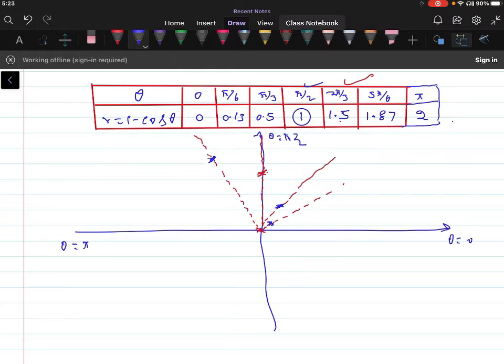When theta is equal to 5 pi by 6, that is 150 degrees, the r value will be 1.87. Let us plot the line theta is equal to 5 pi by 6, and r will be on the line, so that is 1.87.